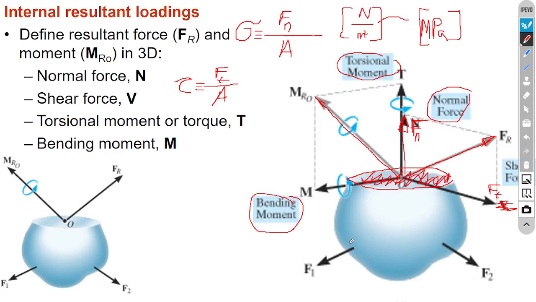We do not use a non-deformable body assumption. We say that the material is a deformable material. In fact, any material is deformed if it is loaded externally by forces.